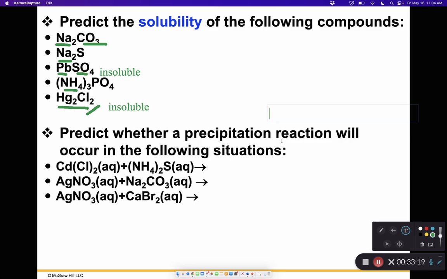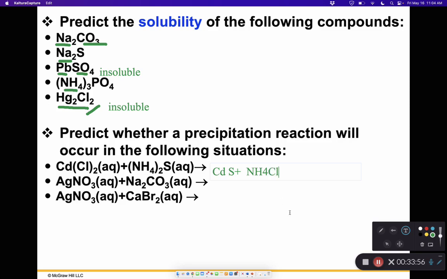Predict whether the precipitation reaction will occur in the following situations or not. Oh, this is fun. Let's try this. We have cadmium chloride and ammonium sulfide. Plus and minus make the compound. I'm using a text box, so my subscripts will not work, but you will understand that. It's CdS, and then I have ammonium, NH4, and then Cl.